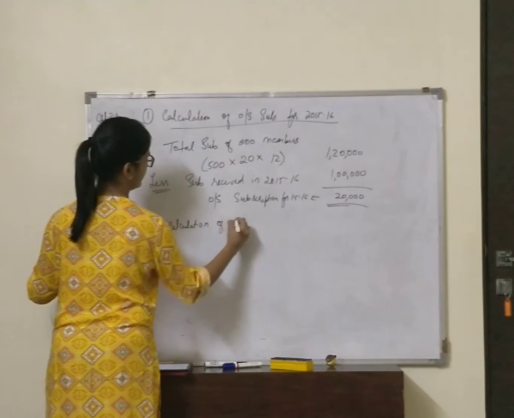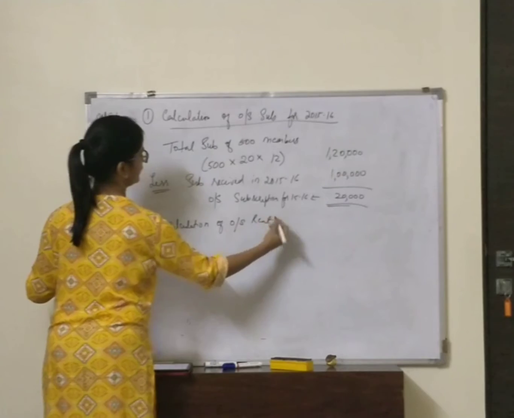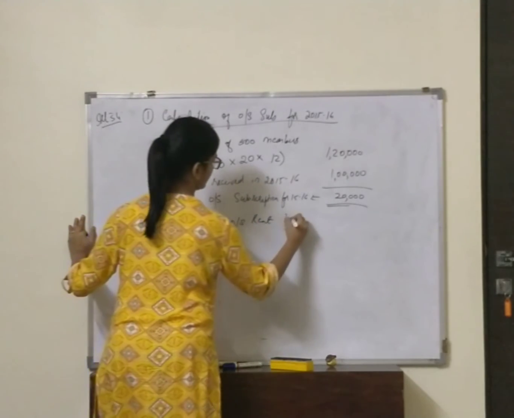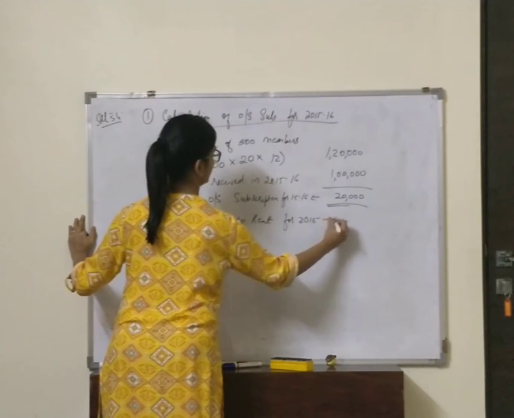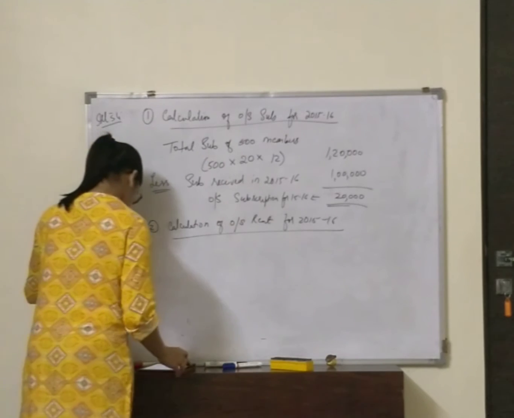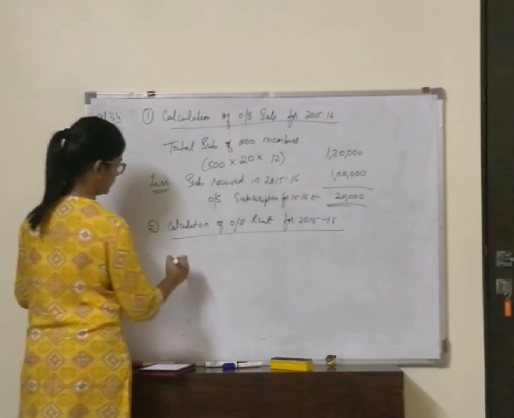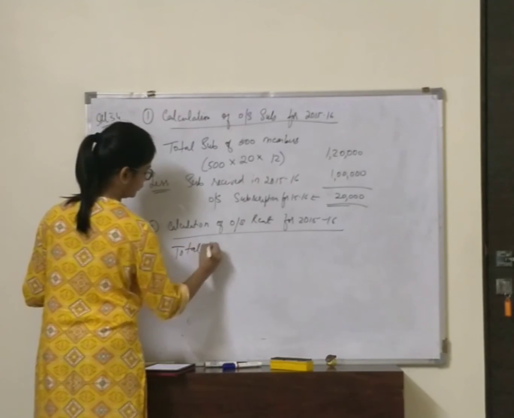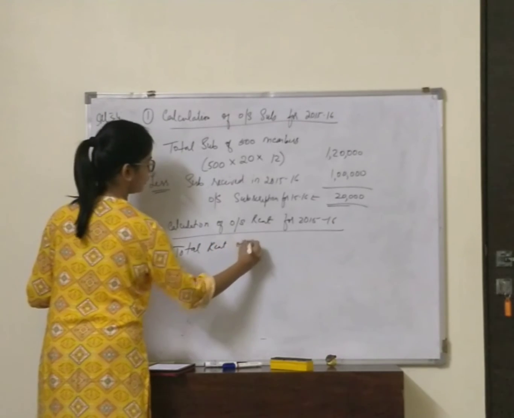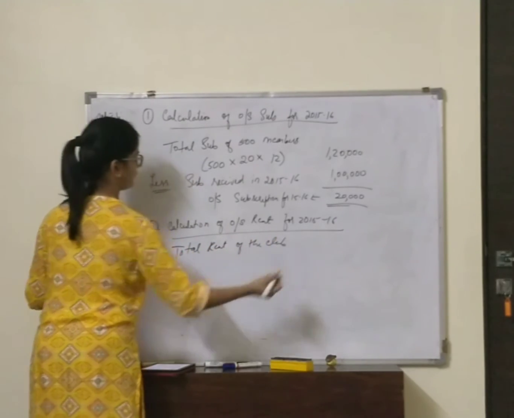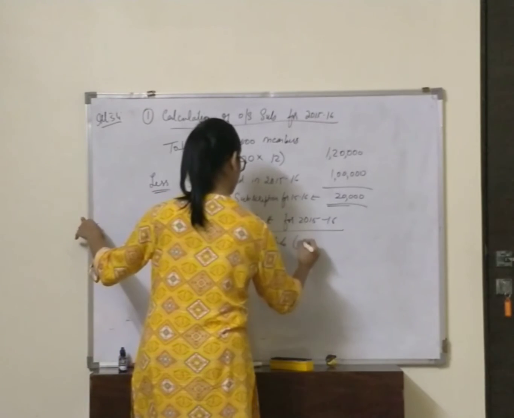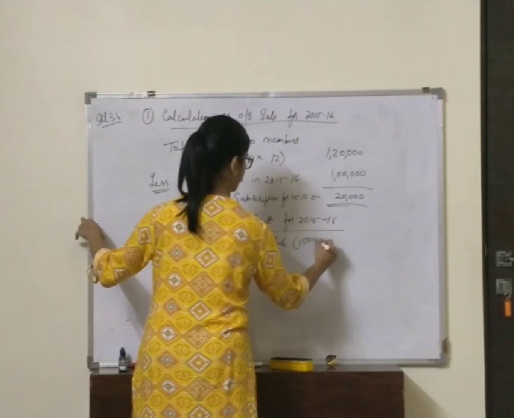Write down note number 2. Calculation of outstanding rent for 2015-16. Next line. Total rent of the club 1,500 into 12.